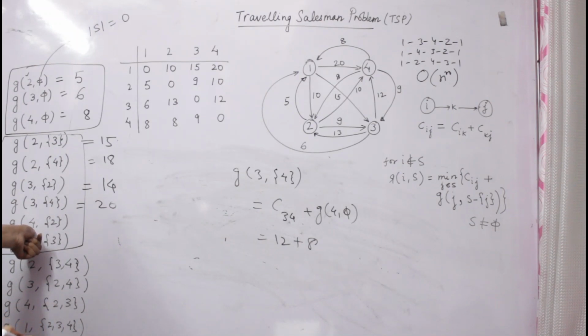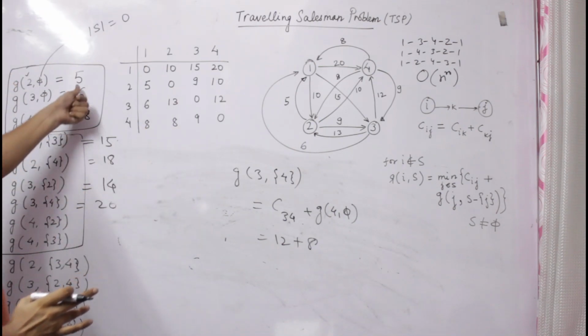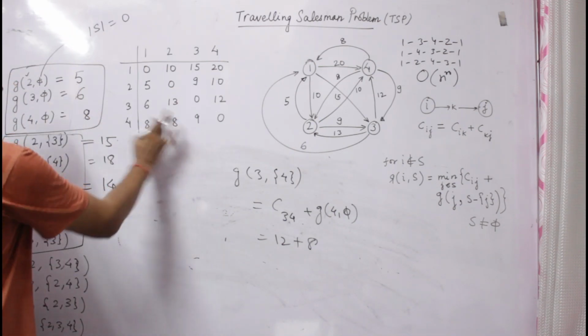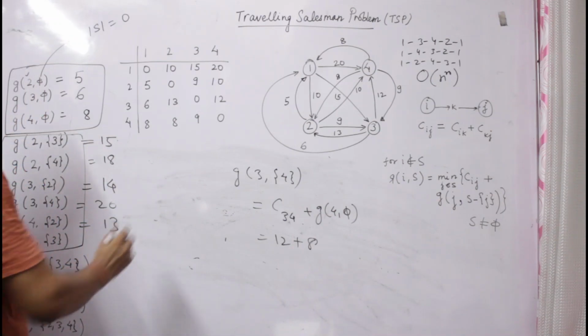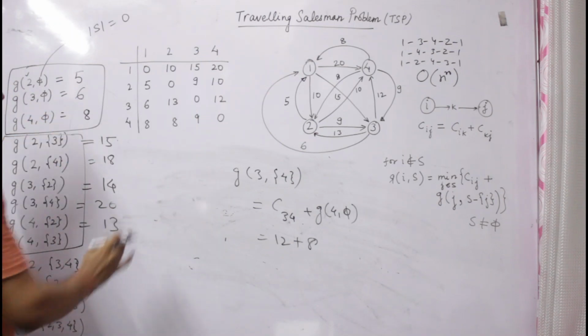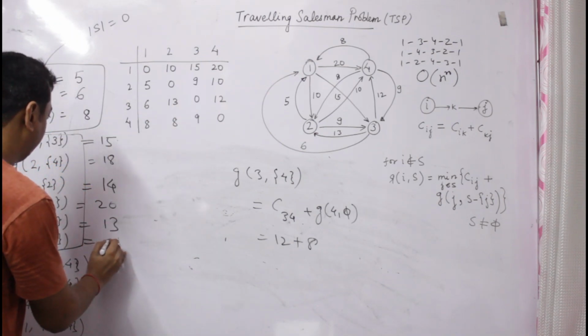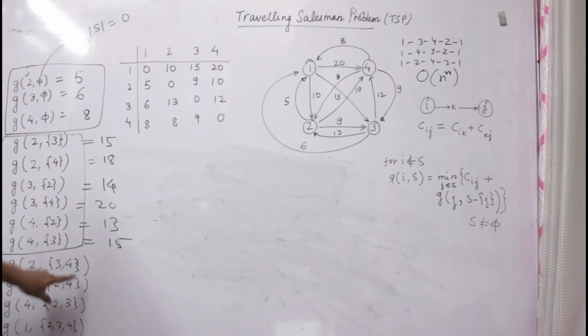Now next is G(4, {2}). C42 is 8 and G(2, {5}) is 5. 8 plus 5 is 13. G(4, {3}): C43 is 9 and G(3, {5}) is 6. 9 plus 6 is 15.